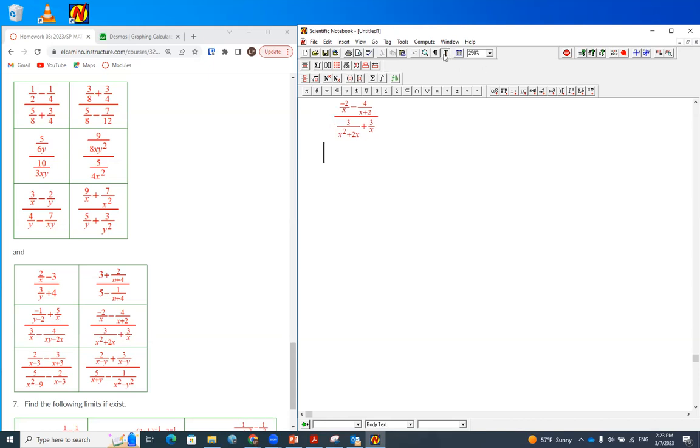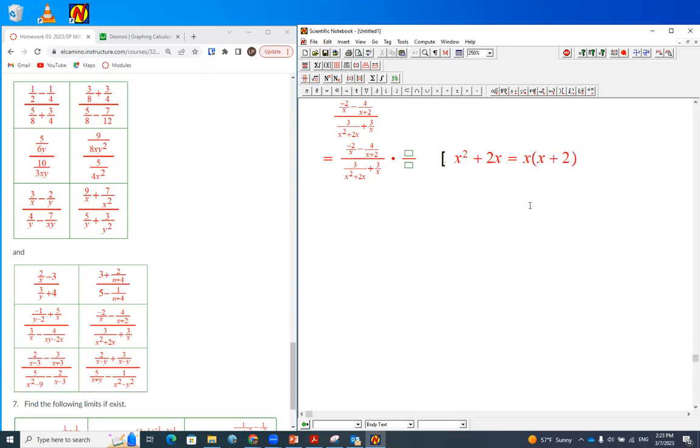And the technique here we're going to work out, of course, is going to be multiplying by 1. Okay, we're going to find a common denominator. If it's the least common denominator, even better, right? But here, if you have a piece of scratch paper, when you look at x squared plus 2x, you will realize that this can be factored into x times x plus 2.